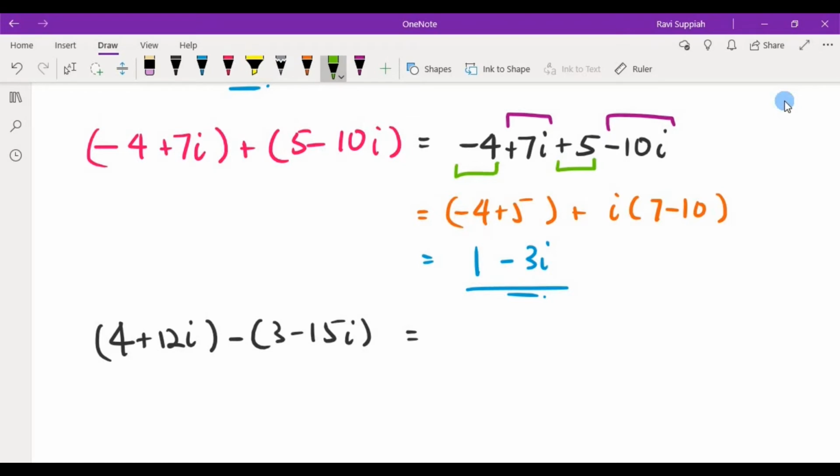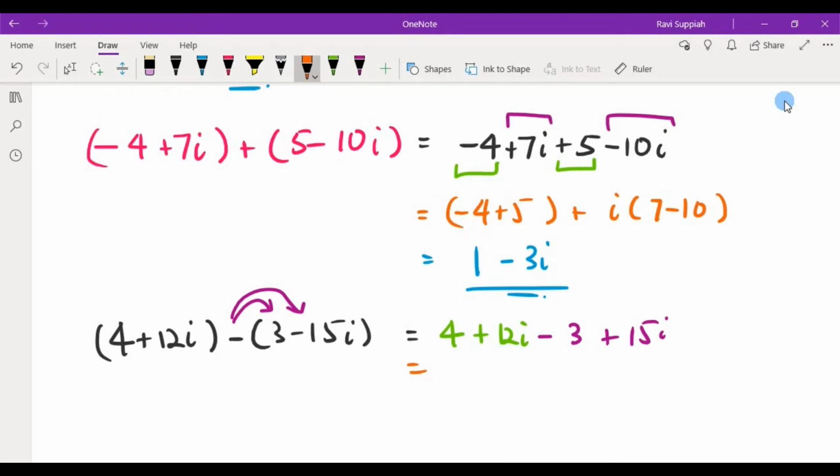For the first bracket here, there is no change. 4 plus 12i. Now for the second bracket, you will see that negative times positive will give me a negative 3, and negative times a negative would give me a positive 15i. As you can see, now the signs have changed. That is why it's very important to open up all the brackets first, before you group up the real numbers and the imaginary numbers.